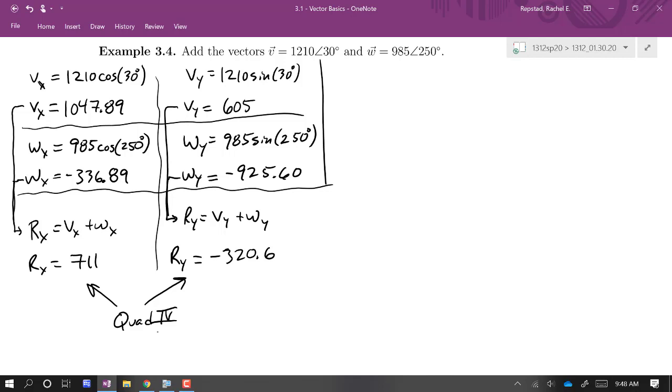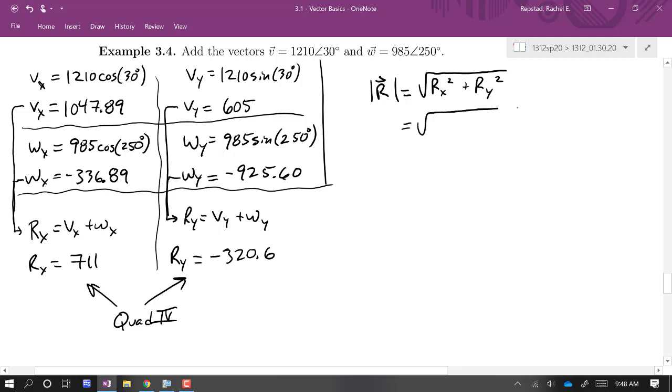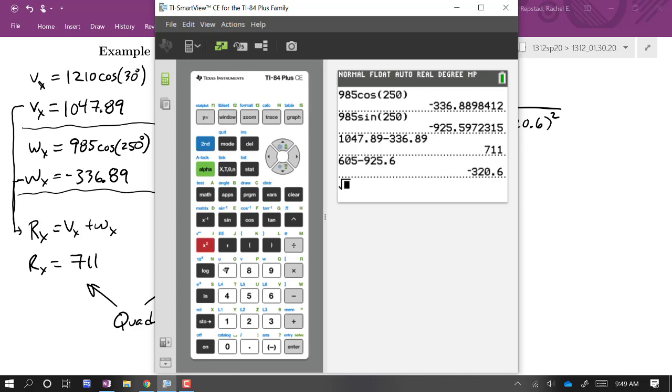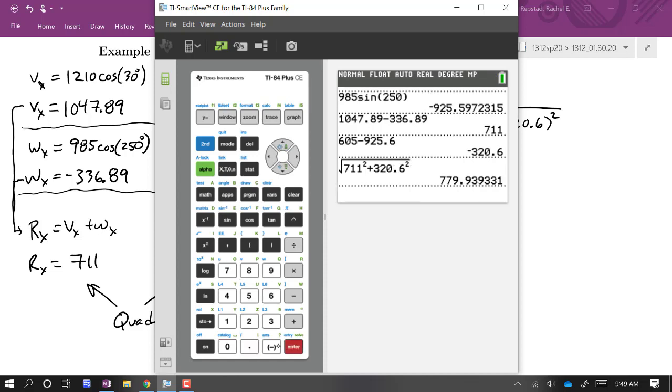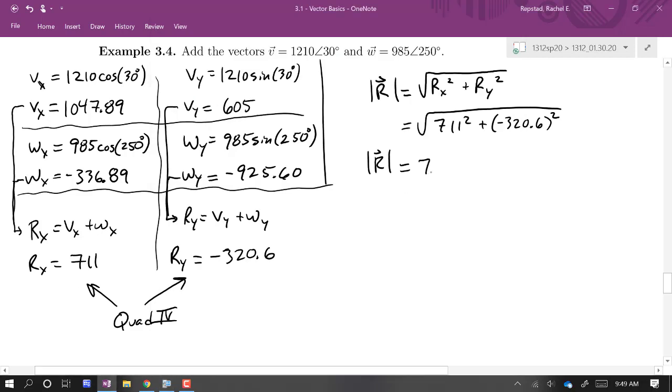Let's go ahead and get the magnitude. 779.94.